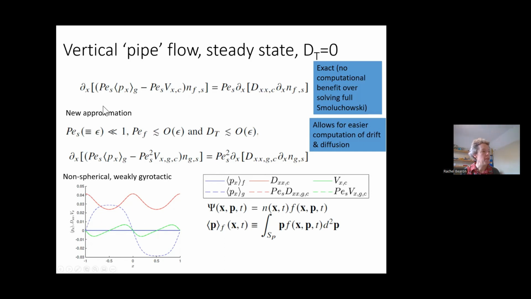Then the new approximation under these assumptions is given by this equation here. And in this case, the various terms in the formulation, the dxx and the vxgc, can be solved more efficiently. And here is some example of the calculations of those for a non-spherical weakly gyrotactic organism.